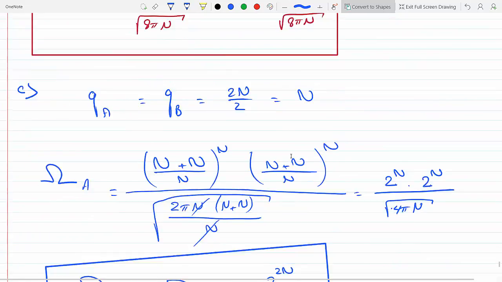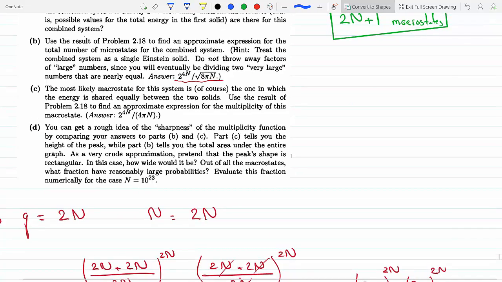So part B was basically telling you the total area under the entire graph. And then part C, the most likely macrostate of the system, was the peak of the graph, the highest point on the graph. In other words, how high the peak is.